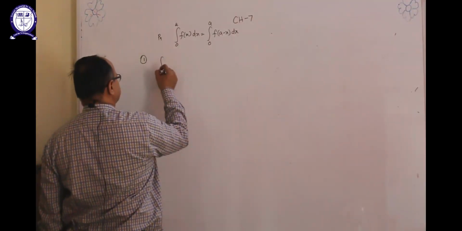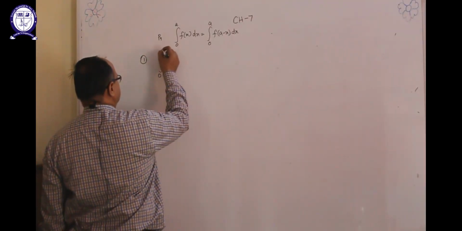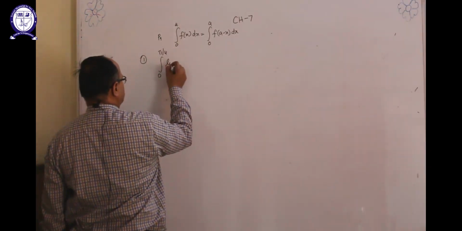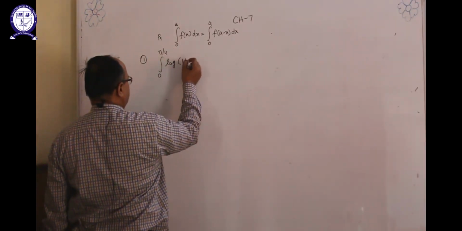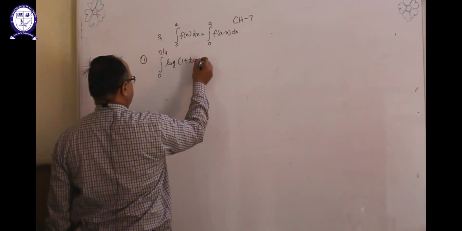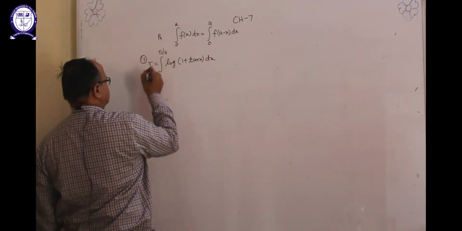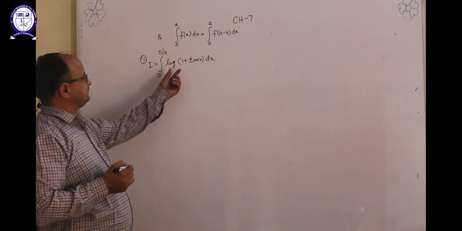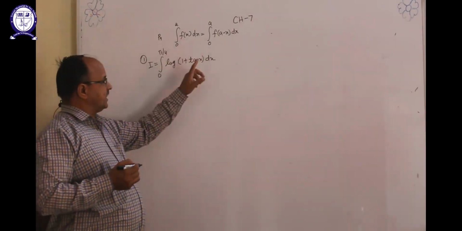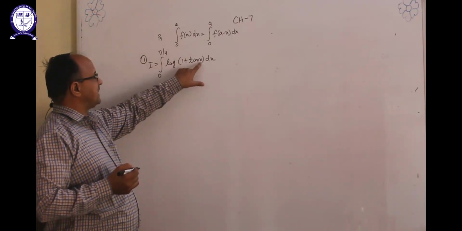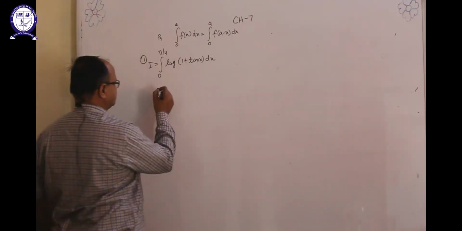Question number 1: integration 0 to pi by 4 of log of 1 plus tan x dx. In this question, apply this property. According to this property, replace x by pi by 4 minus x.